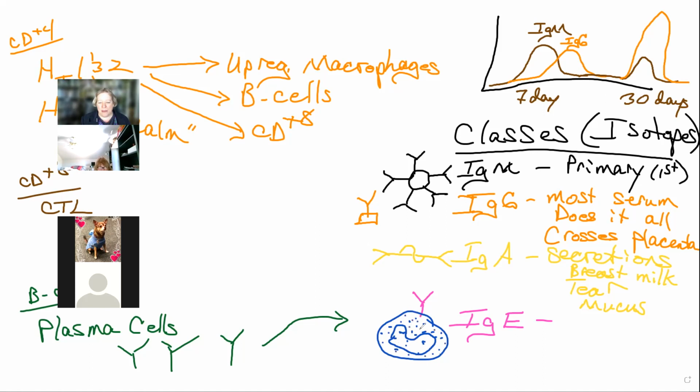And what happens is, when my antigen comes floating by and it binds to this variable region, that stimulates this mast cell to dump the contents of its granules out into the environment, out into the tissues where it's hanging out.